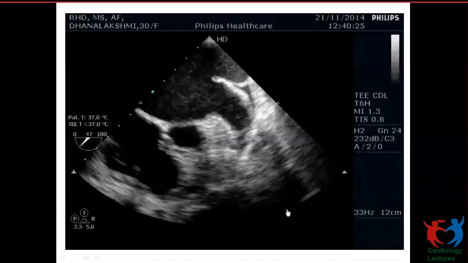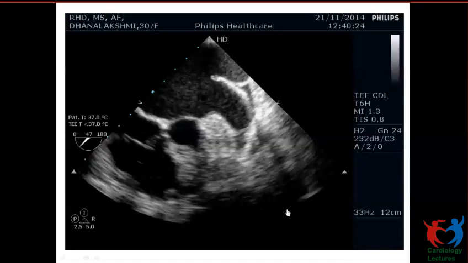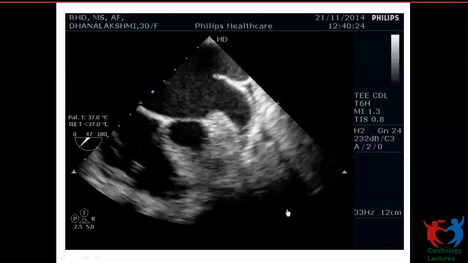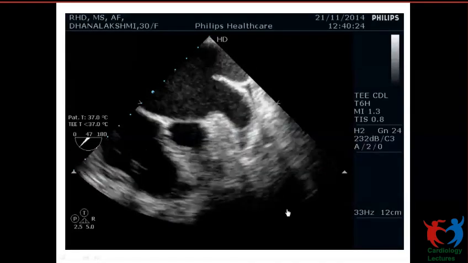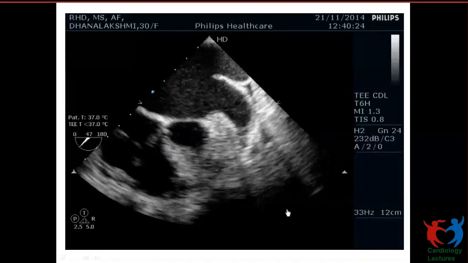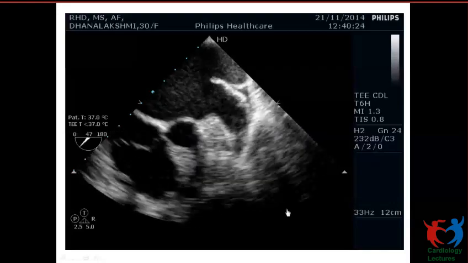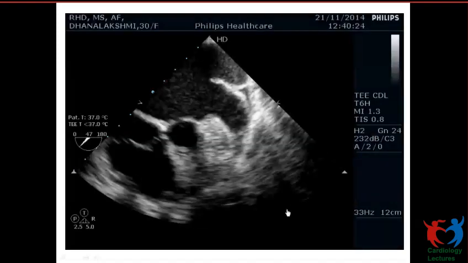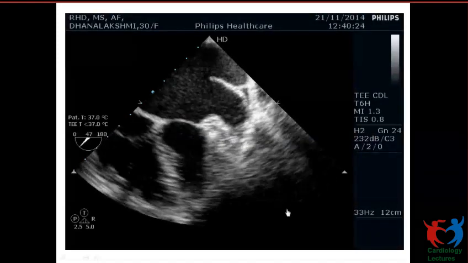Anybody? Can you explain what it is? Prominent accommodation ridge. So first, what is this? This is a TEE image, ma'am.